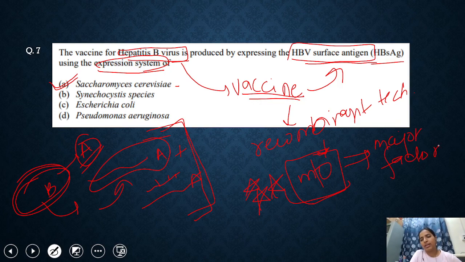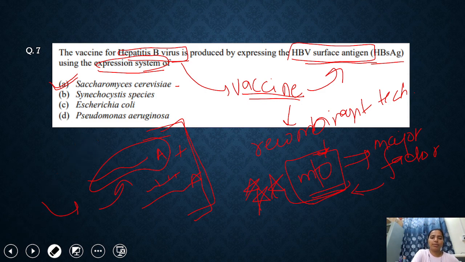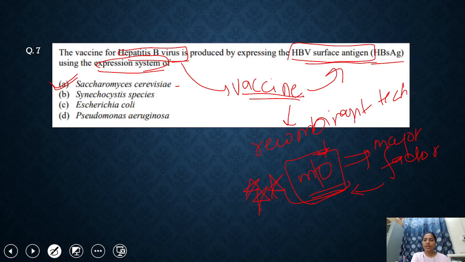Suppose you are working in an industry, whether the amount being produced is cost effective or not, all these things depend upon the microorganism. The same is true with vaccines. If you want a particular protein, you must know the system of every microorganism. So the selection of microorganism is a critical part, so that its machinery does not interfere with the particular protein that you require.